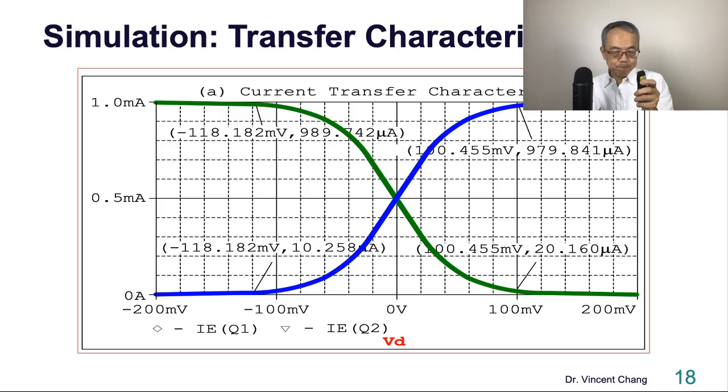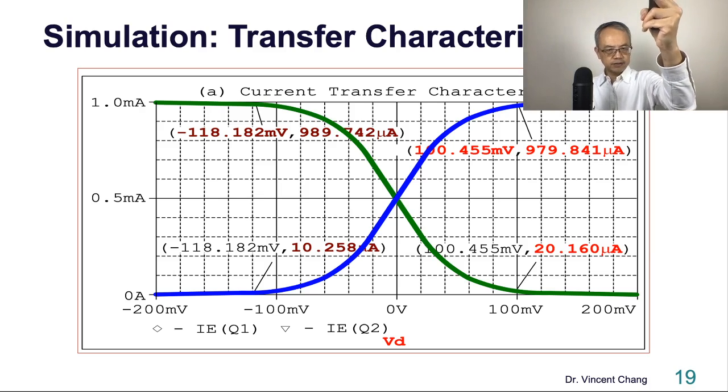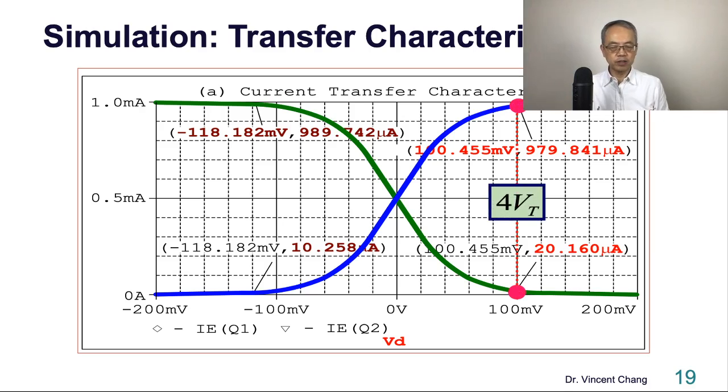You see 979.84, which means 98%. How much voltage difference? 100 millivolt, 4 VT.